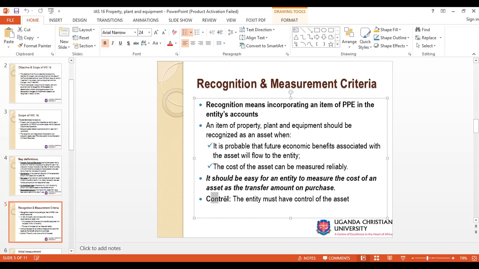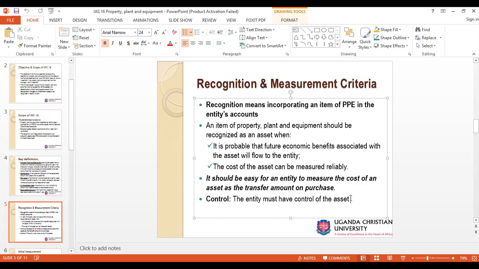Control: the entity must have control of an asset. This is in accordance with the definition of an asset. An asset is defined as a resource controlled by an enterprise from which economic benefits are expected for the enterprise.